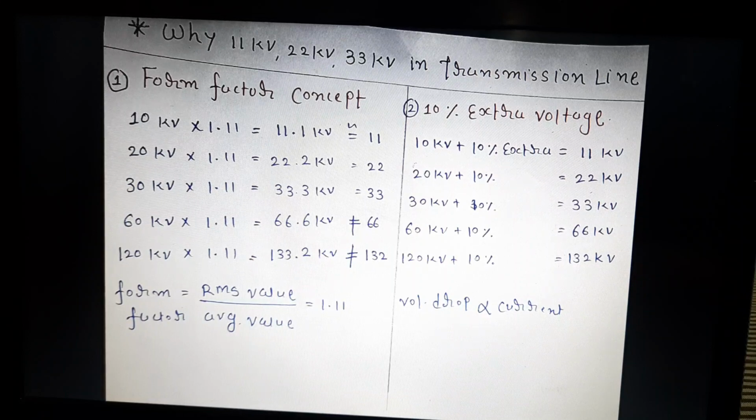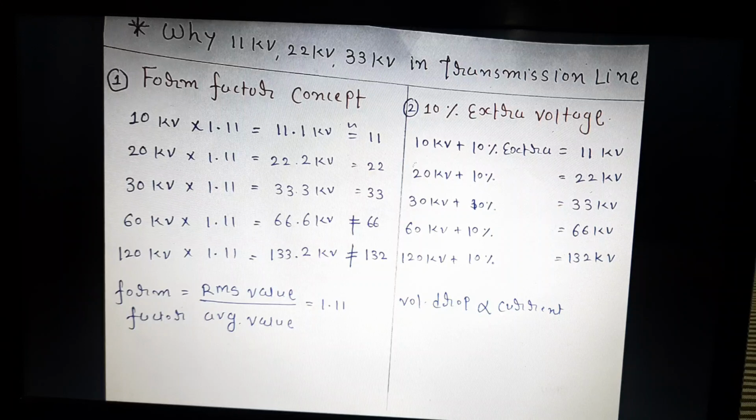Understanding this with the first example, 10 kV plus 10% extra is equal to 11 kV. 20 kV plus 10% extra means we get exactly 22 kV. Like that, we will get all these voltage levels 11, 22, 33, 66 and exactly 132 kV. So the concept behind this is 10% extra voltage, which is due to the voltage drop in the transmission line.